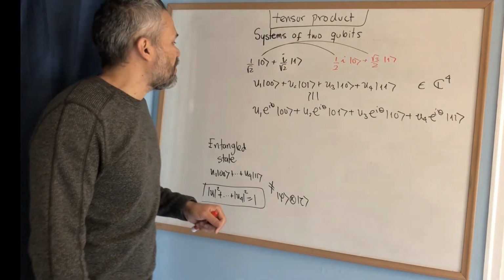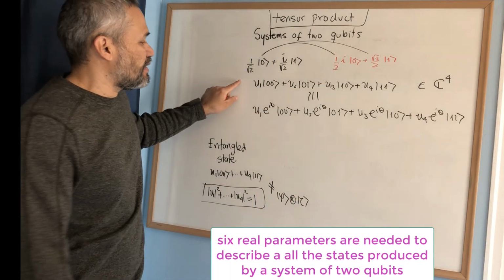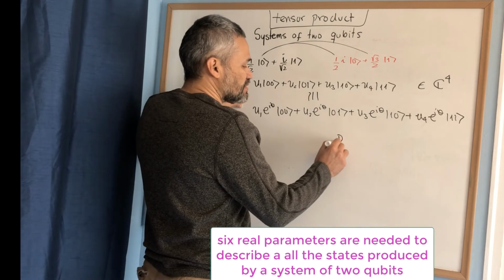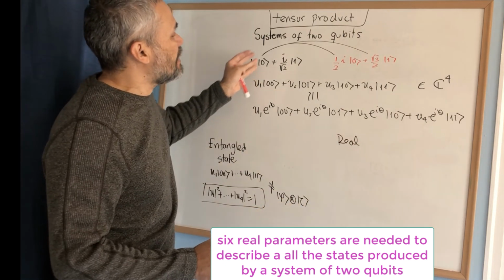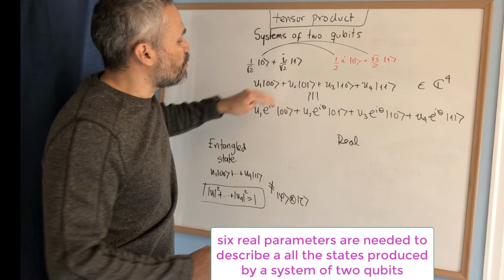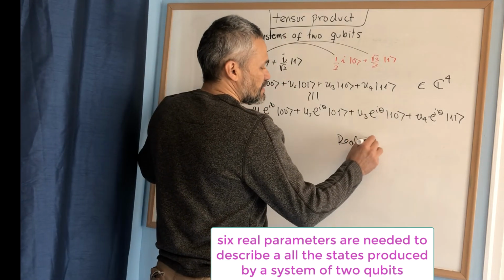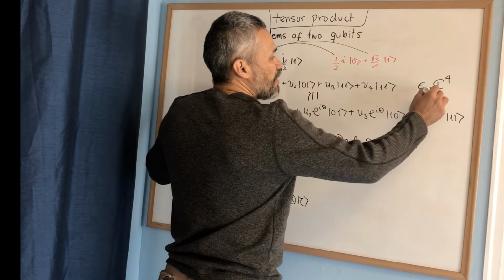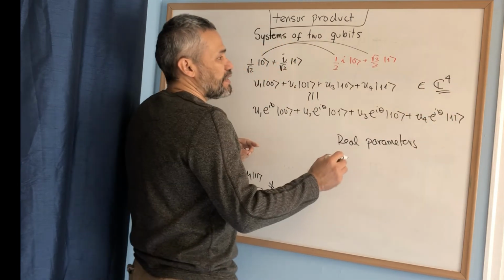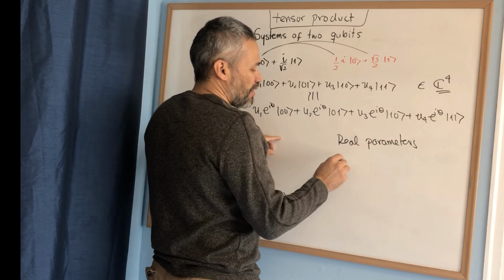Then when we think about states, the number of real parameters that we need to describe a system with 2 qubits is 6. Let's see why. Real parameters. When we think about C4, we need 8 real parameters, right?